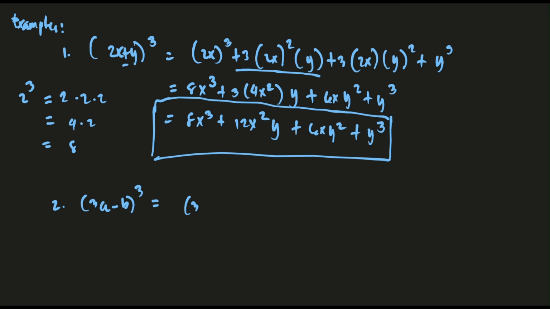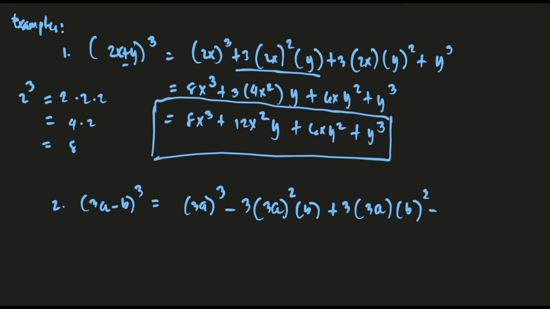You're going to cube the first term, minus thrice the product of the first term and the second term, 3a squared times b, and then plus 3 times the product of 3a and b, but you have to square that one. And lastly, minus the cube of the second term.